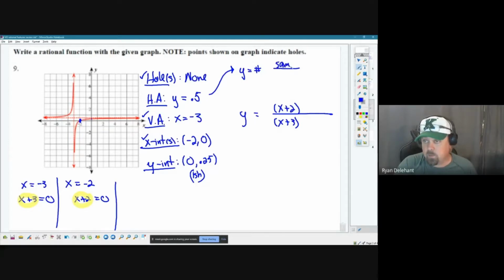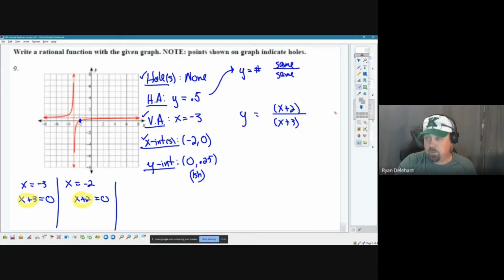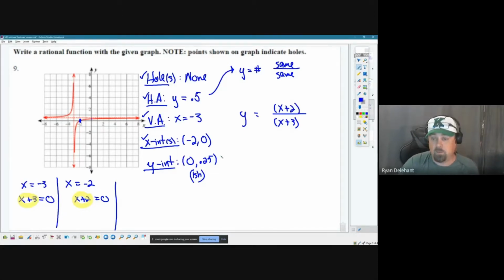So again, this one right now, all we're really doing is checking to make sure the degrees match. Are the degrees the same in the top and the bottom of this? They are. They're both degree 1. So that means that we are okay with what we have written down so far. There's nothing to multiply out. That one checked.